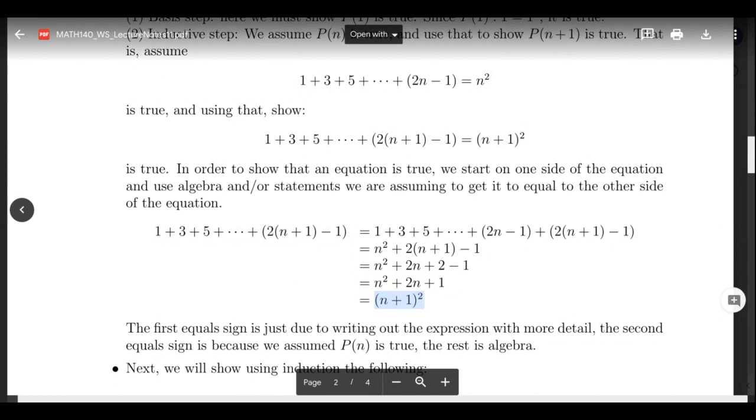The induction is saying prove the first case, and it's true for 1. Then assume it's true for n. Then prove the n plus 1 step. That's part of the induction method. Make sense?